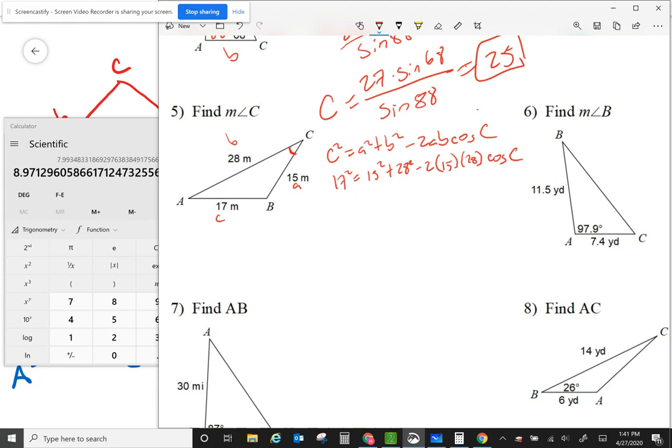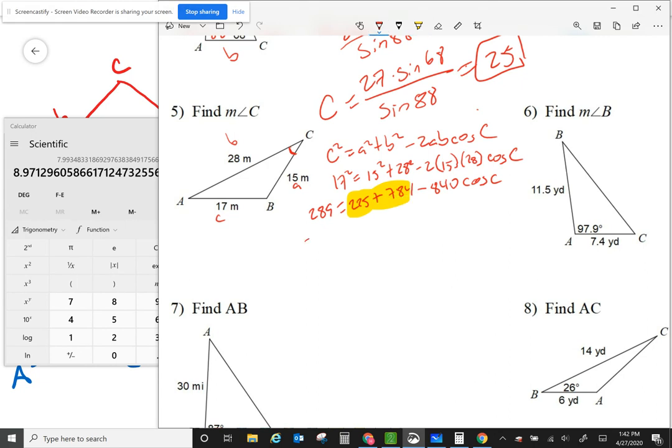All right, let me find out what each of these squares are. I want to know what 17 squared is. It's 289. 15 squared is 225. 28 squared is 784. Minus 2 times 15 times 28, that is 840 cosine of C. Let me simplify things a little. 225 plus 784, I can combine that.